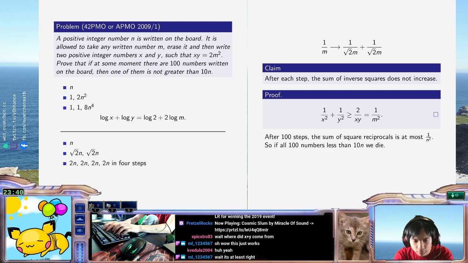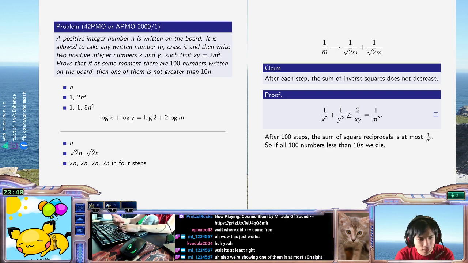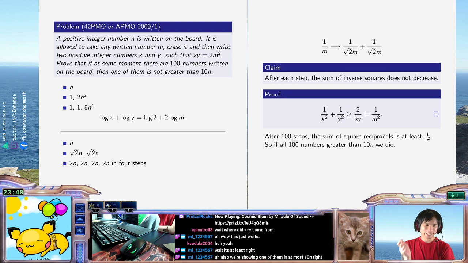Is at least 1 over n squared. At least. And if all the numbers are greater than 10, we die. Okay, yeah, we're fine.